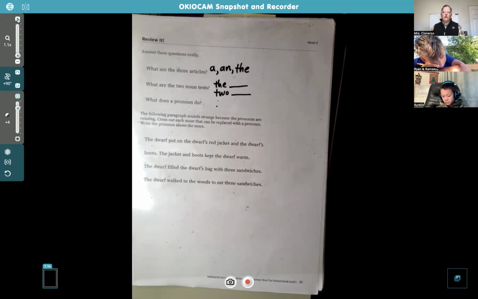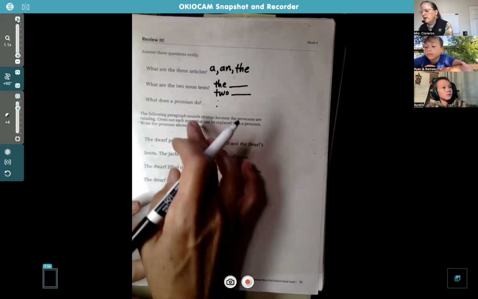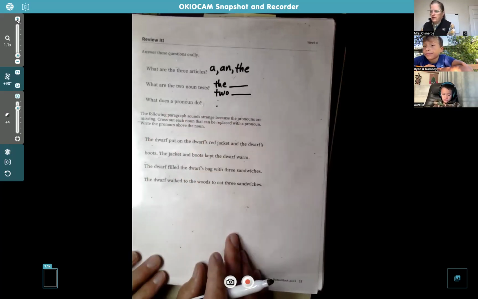He went to the ice cream aisle and picked out chocolate chip ice cream. That's a lot easier. It flows better and it's easier to read. So the word he is a pronoun. What it does is take the place of the noun, because the noun is Raishan. So he takes the place of the name Raishan, right? We're still talking about the same person. Okay. So that's what it does. It takes the place of a noun.